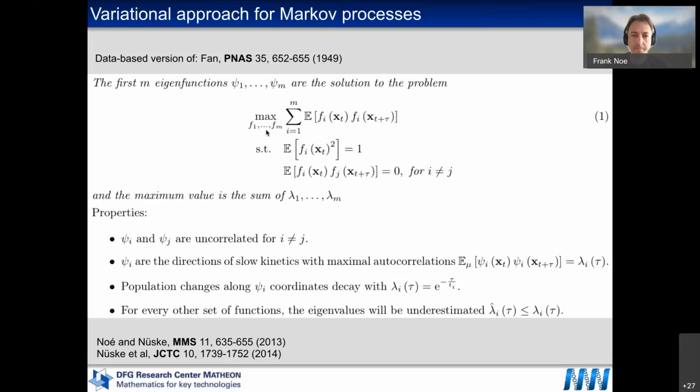And the theorem says those descriptors which give us the maximum autocorrelation function in a certain time step tau, with some constraints, just that these functions need to be normalized and have zero mean. If we find the maximum, then these descriptors will be identical to the eigenfunction. So then these are exactly describing our slow processes.